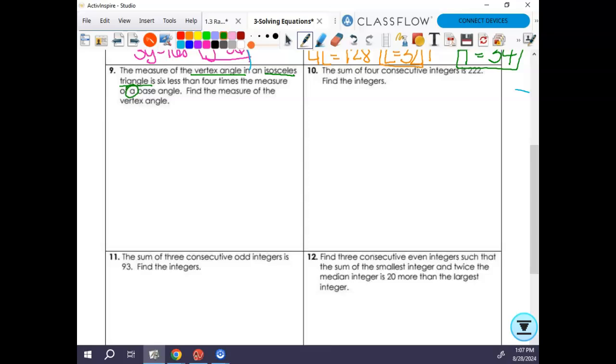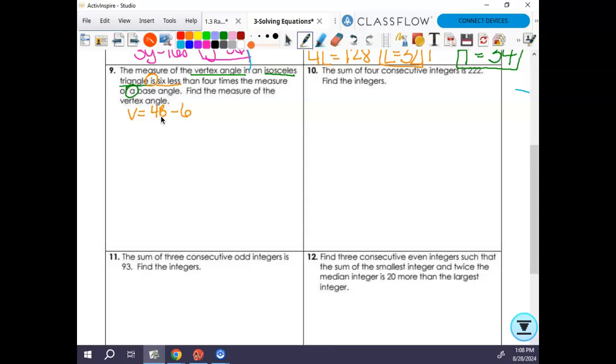So the vertex angle is 6 less. So what do I do with that? Subtract 6, right? 6 less than 4 times the measure of one of the base angles, so 4 times B.